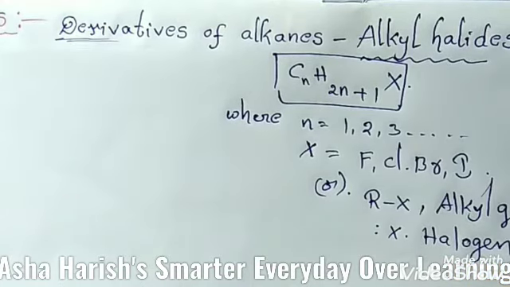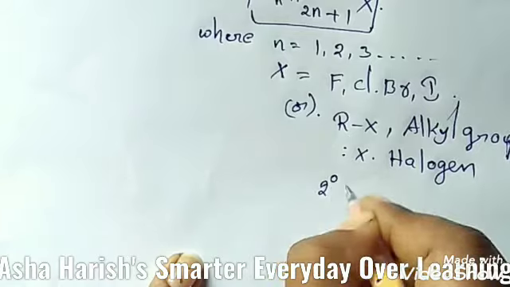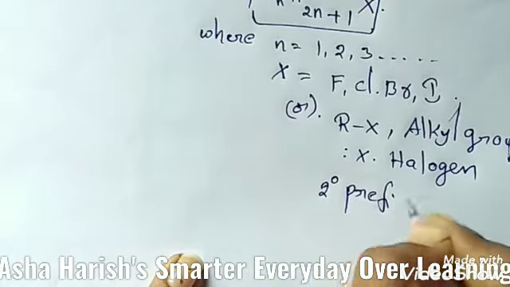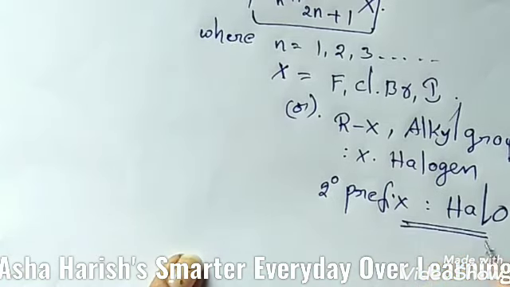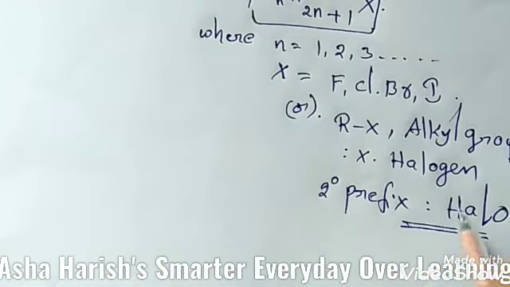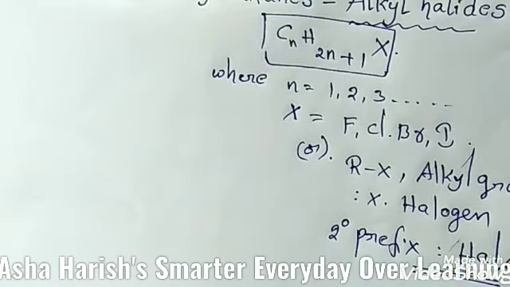Here the secondary prefix you can add is halo. Halo is the secondary prefix here. This indicates it is a monohaloalkane, the alkyl halide. Right, this is about the first.